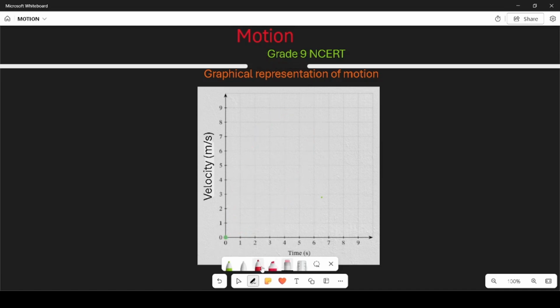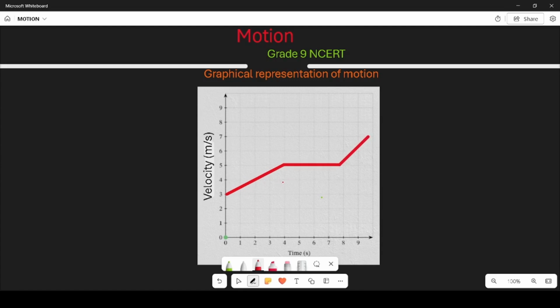Let's say an object is traveling at 3 meters per second and it increases to 4 meters per second and then to 5 meters per second, and then it goes in uniform motion and again it increases, to 7 meters per second.